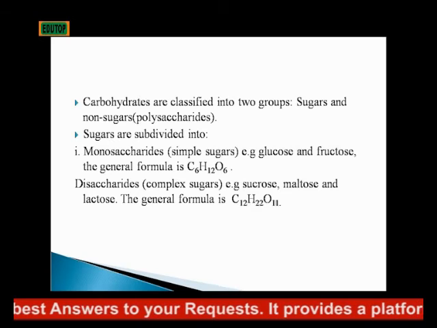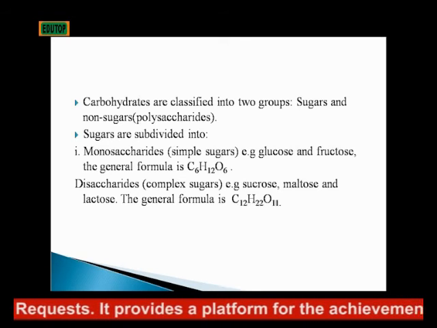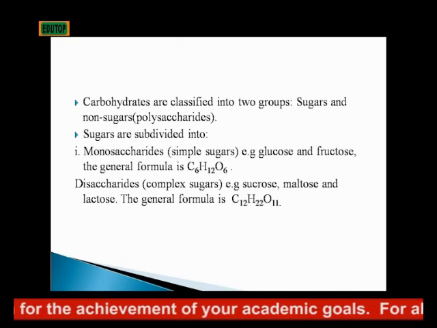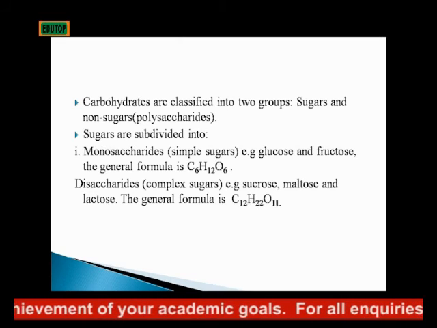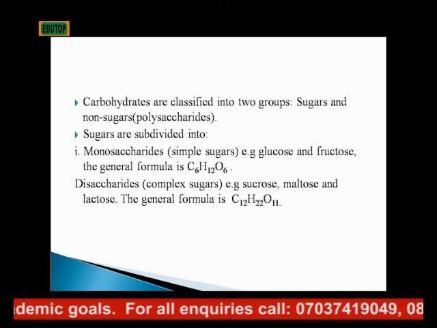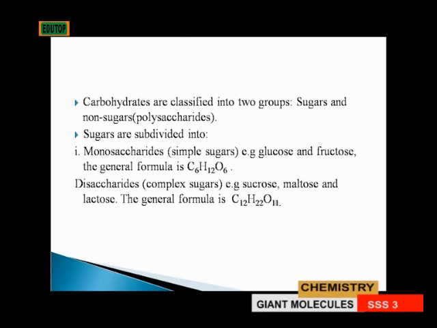Monosaccharides are simple sugars, and examples are glucose and fructose. The general formula is C6H12O6. Disaccharides are complex sugars because they are made up of two molecules of monosaccharides. Examples: sucrose, maltose, and lactose. The general formula is C12H22O11.